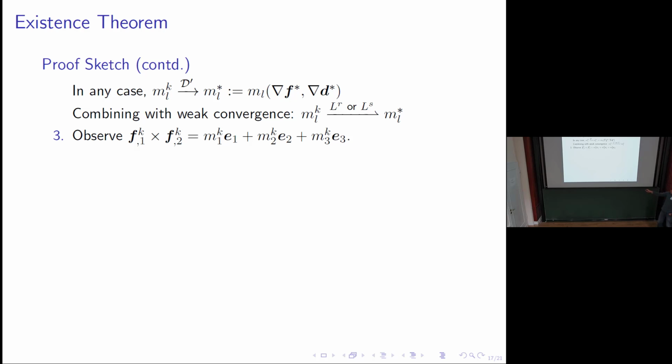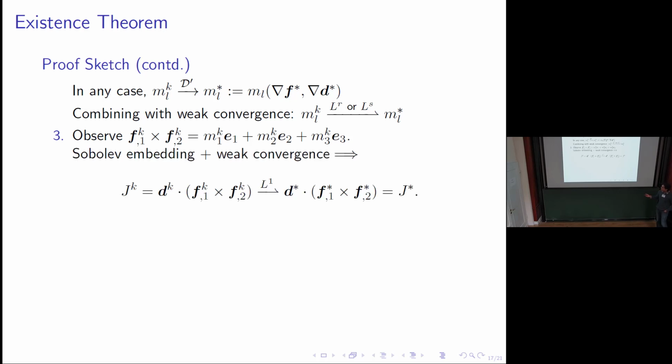So observe that this cross product is M1 plus M2 plus M3, where e1, e2, e3 are the three ordinary basis vectors. And you can use a Sobolev embedding for D_k, because we know it's converging weakly in W^{1,q}, to an appropriate Sobolev embedding, combine that with the weak convergence result for these M_L's, and that allows you to conclude that J_k converges weakly in L1 to J star.